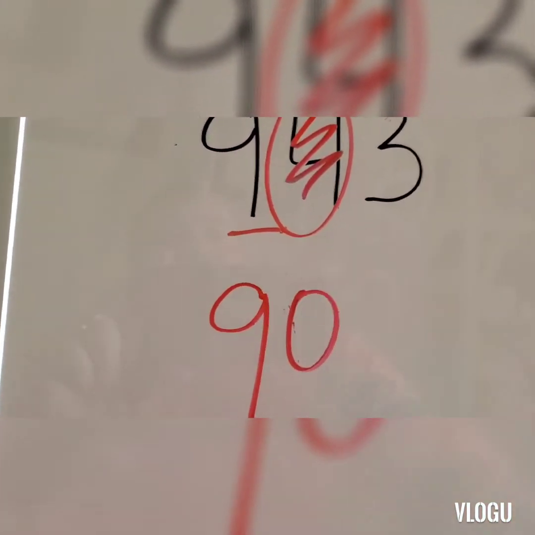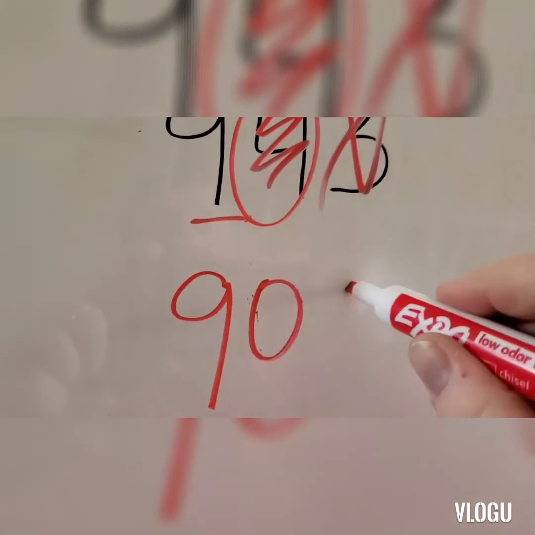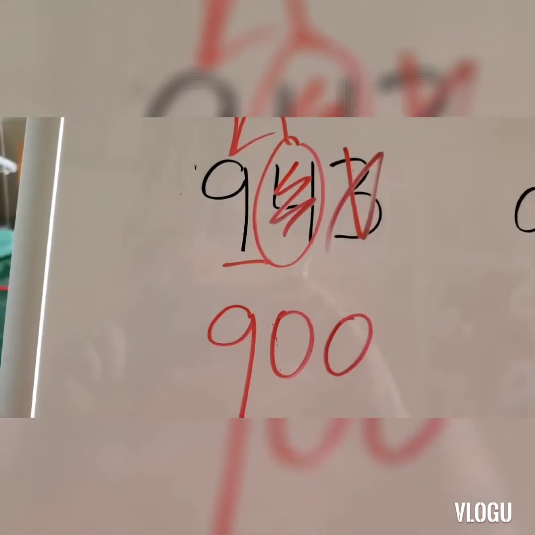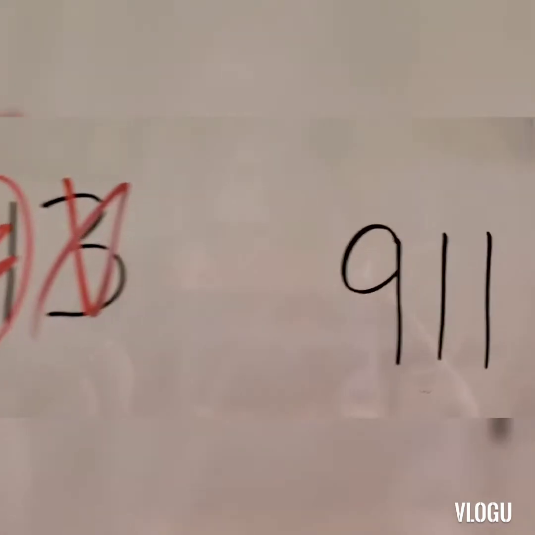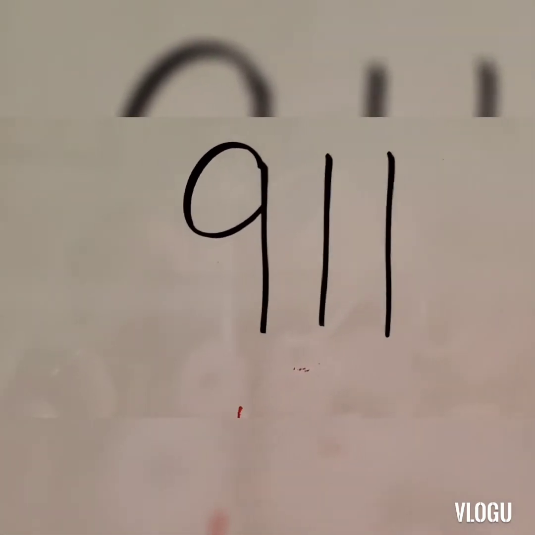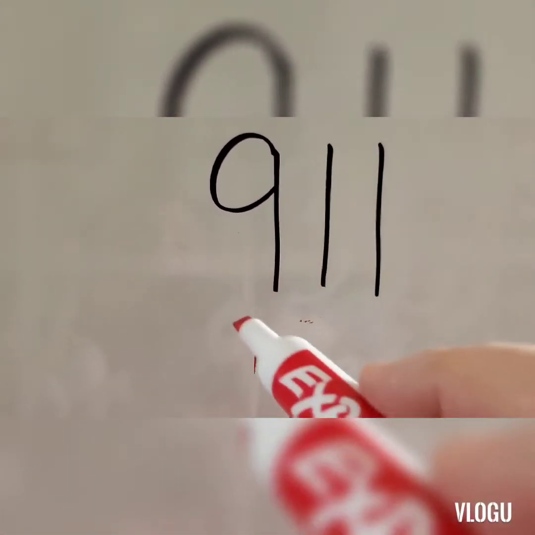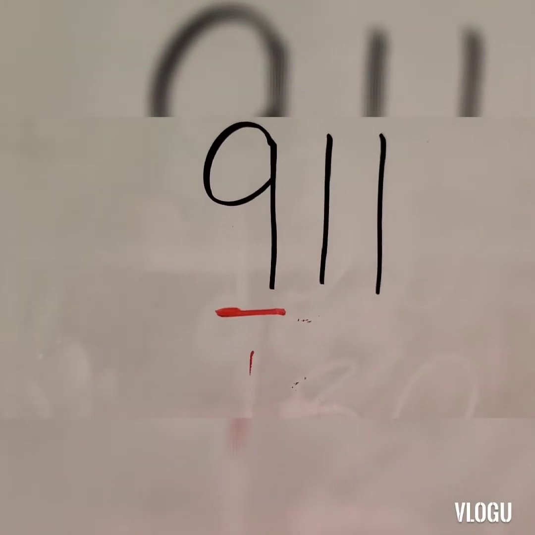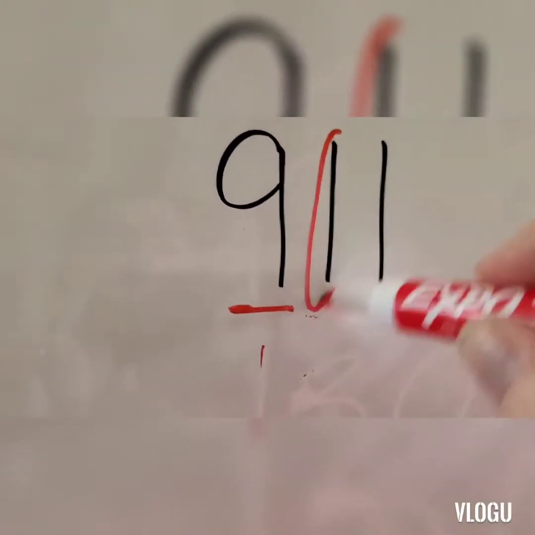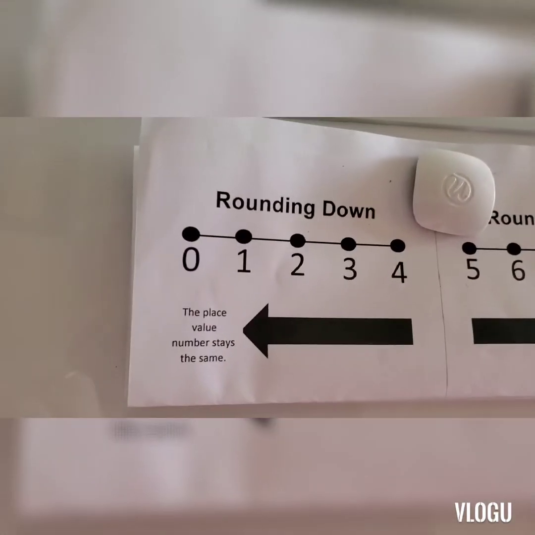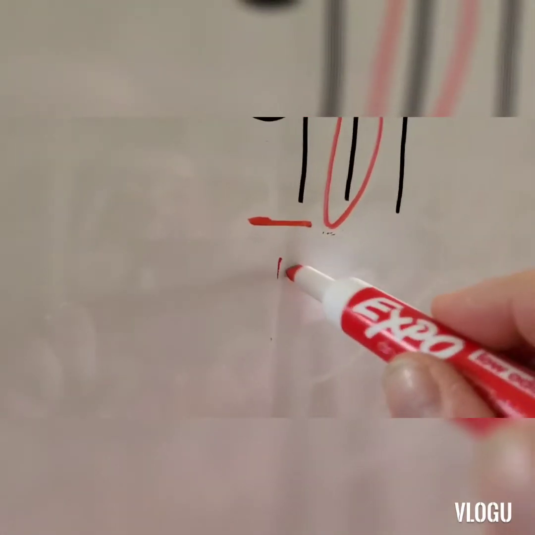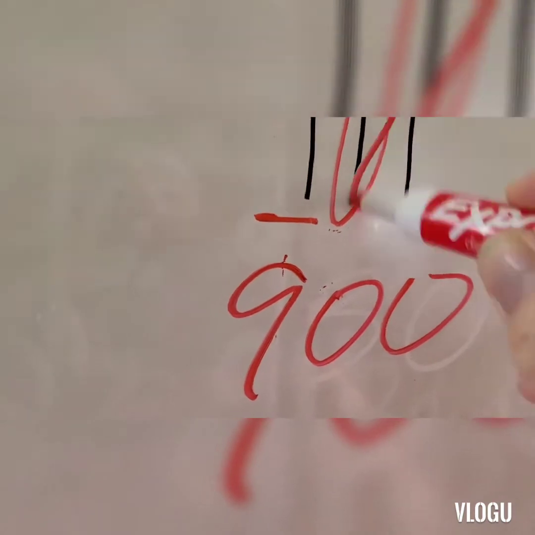Bzzzt. The 4 becomes a 0. Bzzzt. Everything after it becomes a 0 too. So number 6 is 900. Number 7, 911. 9 is in the 100 spot. The 1 tells the 9 what to do. The 1's on the round down. It tells 9 to stay the same. So it's 900. Bzzzt, bzzzt.